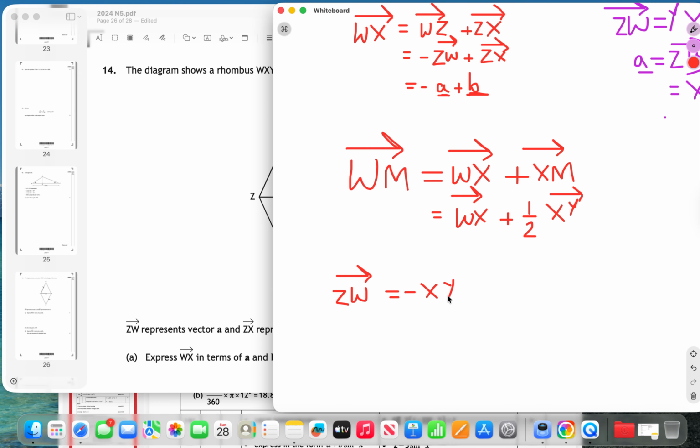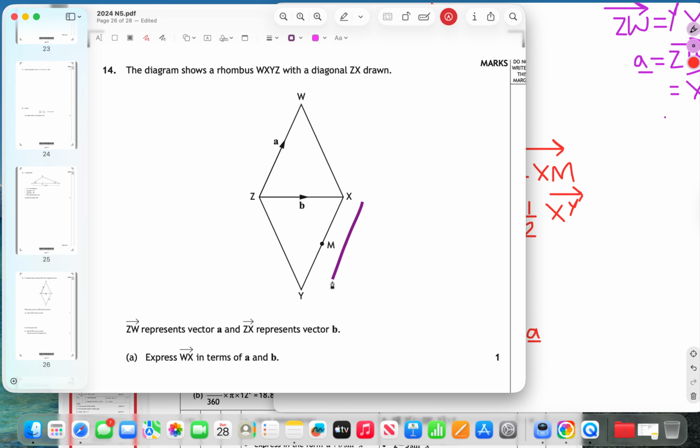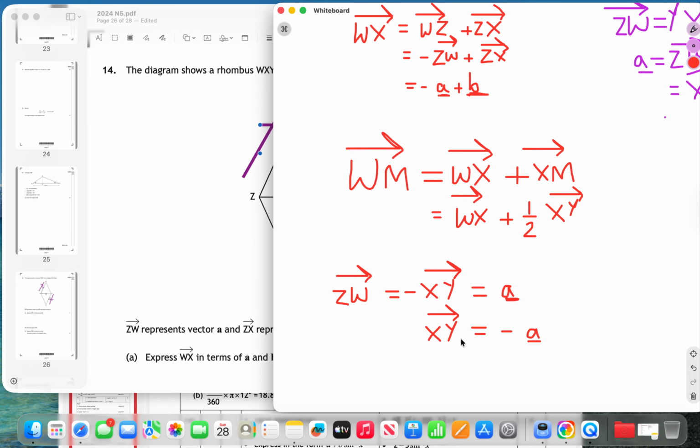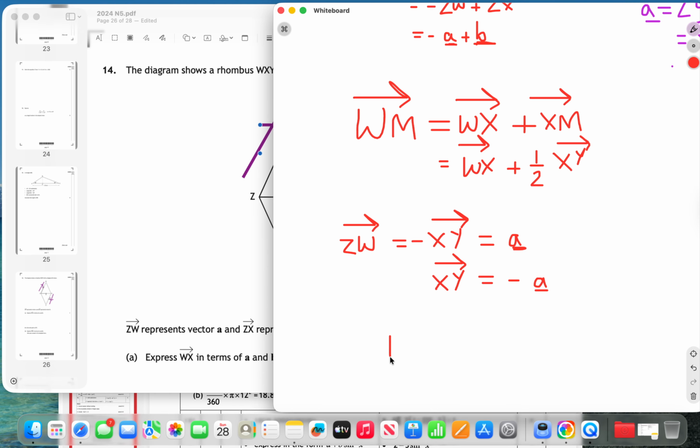and ZW equals minus XY, which equals A. So XY equals minus A. You see the direction going opposite.